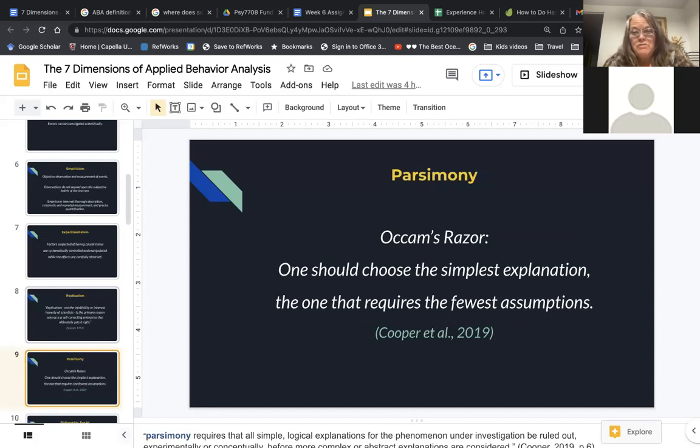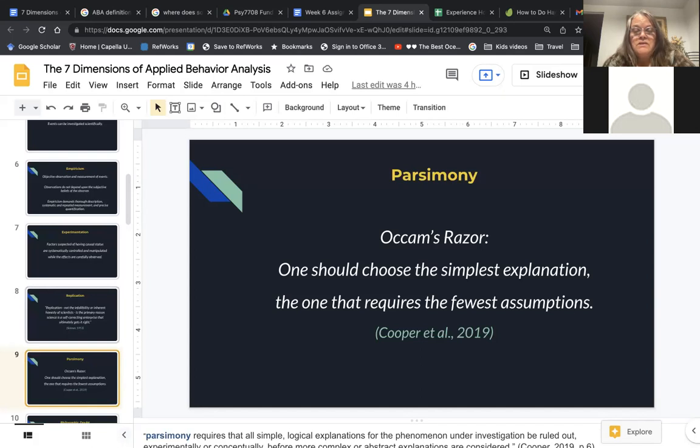Now, parsimony, you've probably heard of Occam's razor. It's a heuristic, a little rule of thumb that helps us decide on what is probably correct. And that is that one should choose the simplest explanation, the one that requires the fewest assumptions. So that razor, Occam's razor, is going to shave away all the different ideas and theories and things that are extra, so that we can get down to the heart of what's really happening.